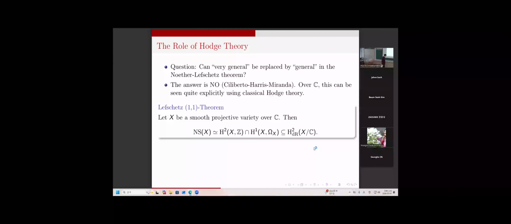So here, let me briefly recall the basic statements of Hodge theory. We know that the de Rham cohomology, actually, this works for any n, has a canonical isomorphism to the Betti cohomology tensor C. And on the other hand, there's a Hodge decomposition.